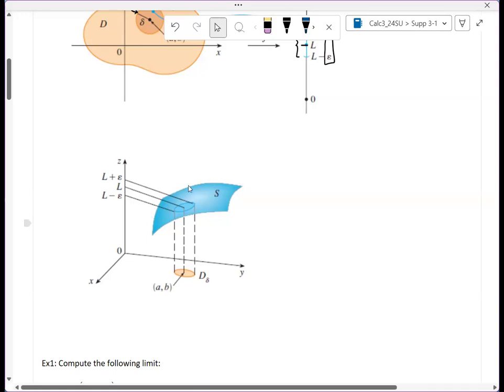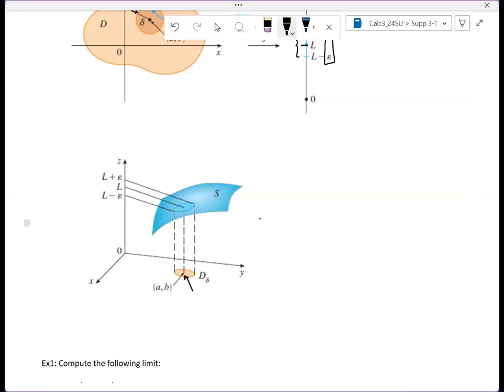So this graph is a surface in 3 dimensions, and we're saying that when we have a small disk surrounding (a,b), the outputs for those inputs, in other words, the heights of the points on this surface, are within epsilon of L.